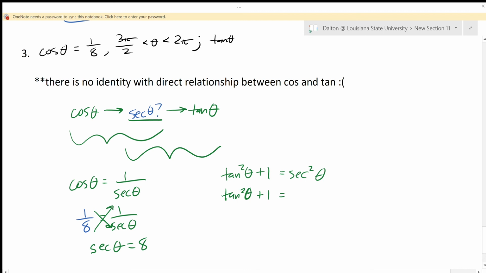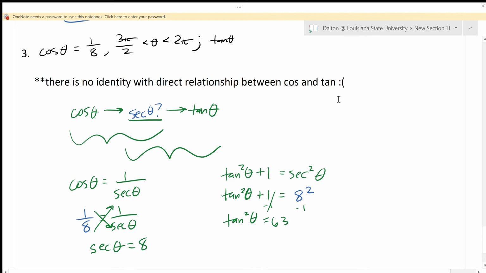We know secant is 8. The only thing that might catch you off guard is you have to make sure that you square that. 8 squared is 64. And then if we subtract 1 from both sides, we get tangent squared theta equals 63.